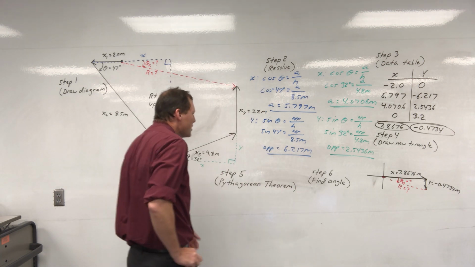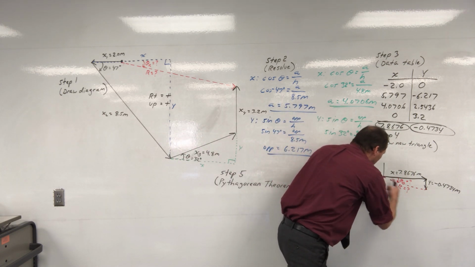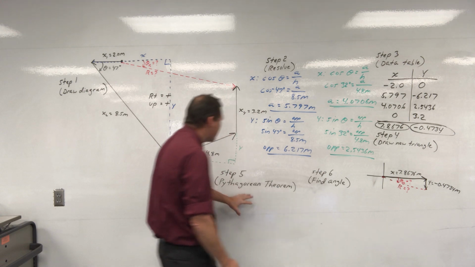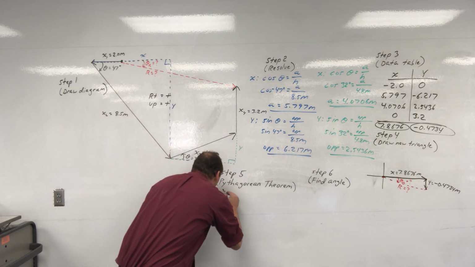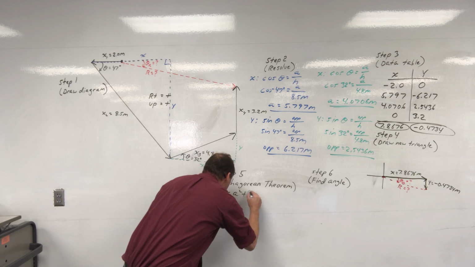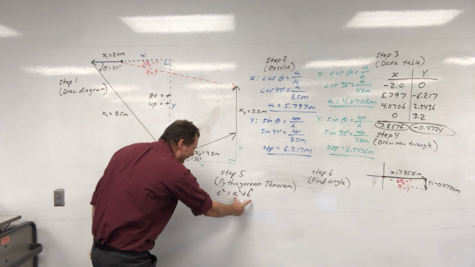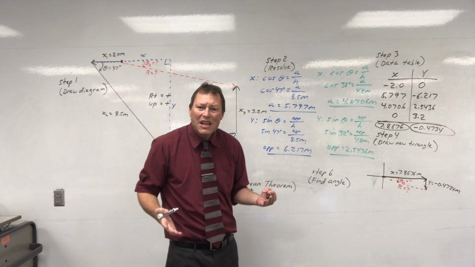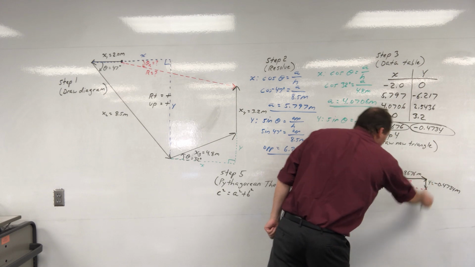So in order to find this resultant, this magnitude right here, I'm going to apply the Pythagorean theorem. So c squared equals a squared plus b squared. That's my original equation. And a and b are going to represent the legs of the triangle. So there's one leg, and there's another leg.